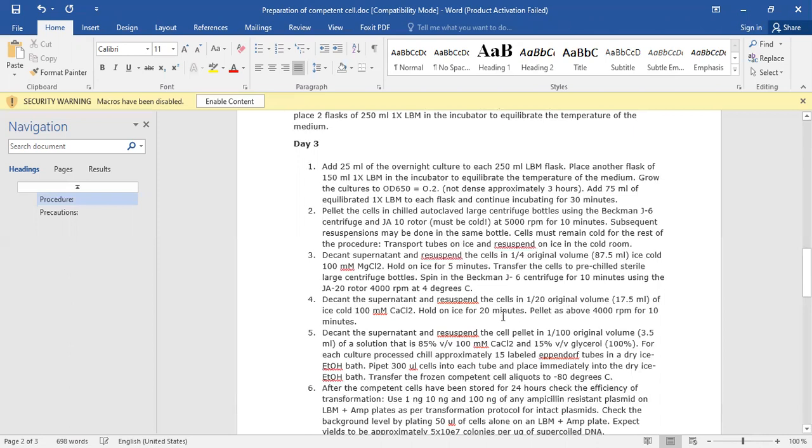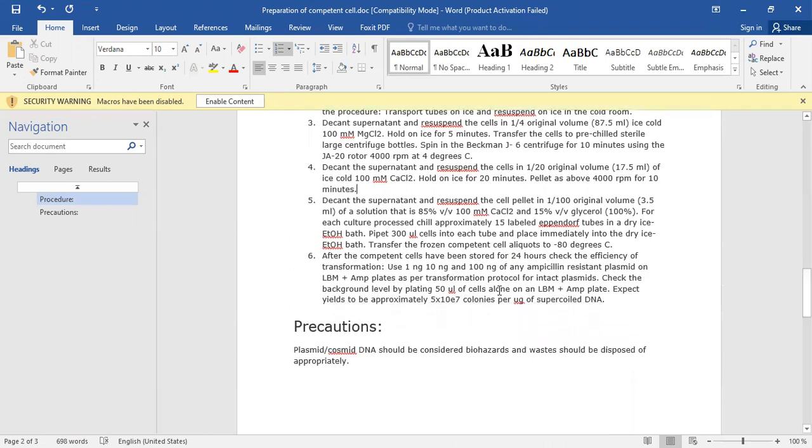Then again we centrifuge, and after centrifugation, we decant the supernatant and resuspend the cells in a solution of calcium chloride and glycerol.